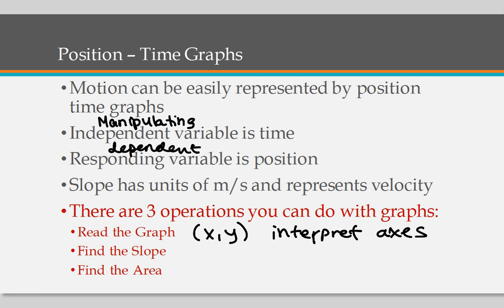So if you have a negative velocity, what does that mean? If you're below the x-axis on a velocity time graph, what does that mean? So that's what it means to read the graph. And then finding slope and finding area, these are the 2 things that you have to be aware of. These are massively important. Finding slope and finding area. And I will show you when and where as this unit progresses.